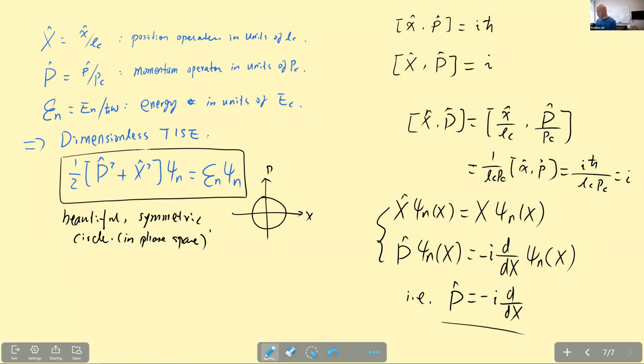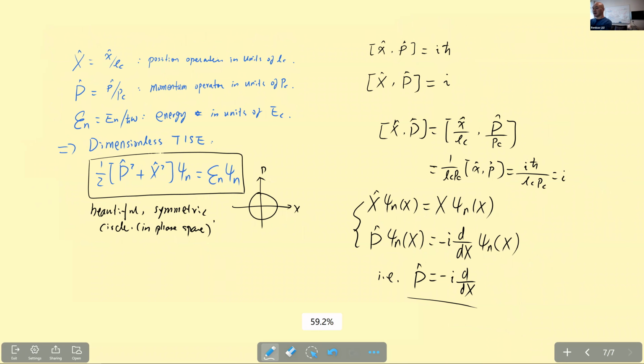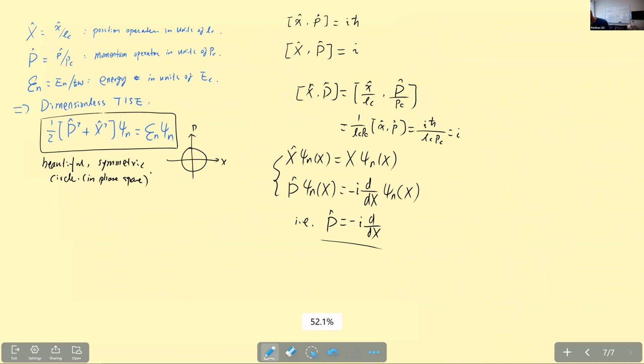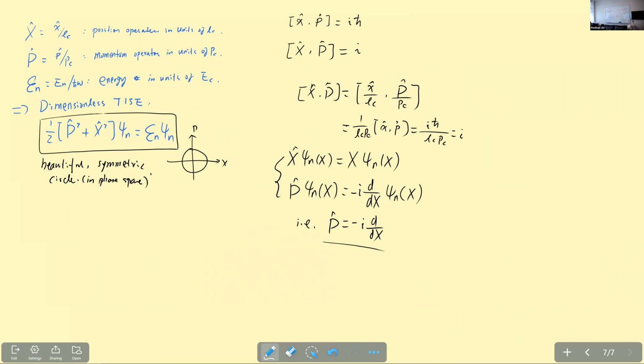All right. So what's left is that we need to find the solution of this one, right? Okay. So this is the thing that we need to find.